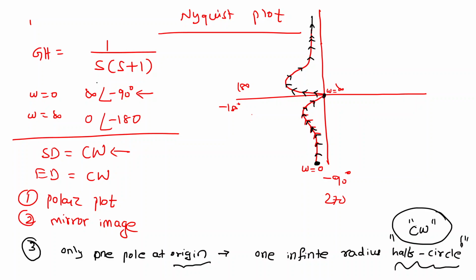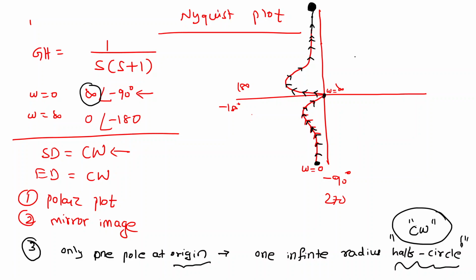At omega equal to 0, it is infinity, right? So this point I'm drawing, it will start from infinity. And this point where the mirror image ends, that is also infinity. So this point is infinity, the first point is also infinity.